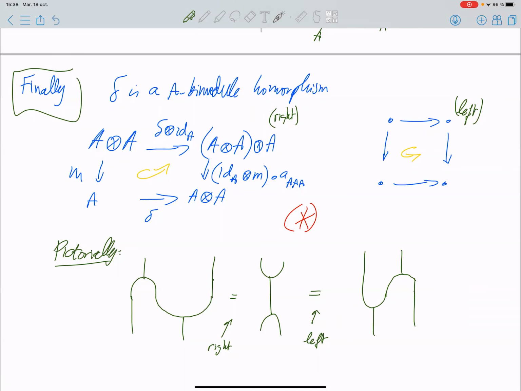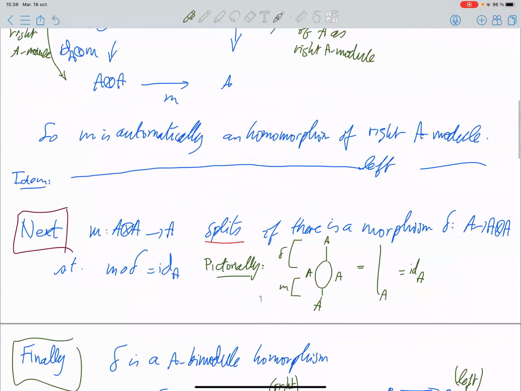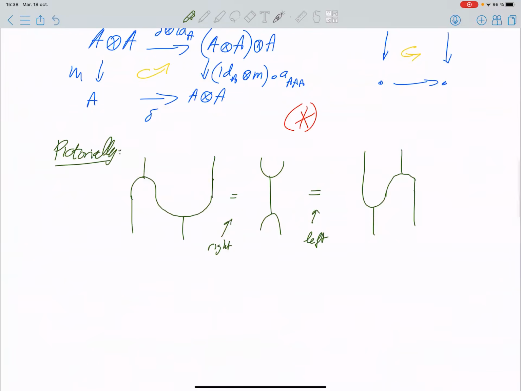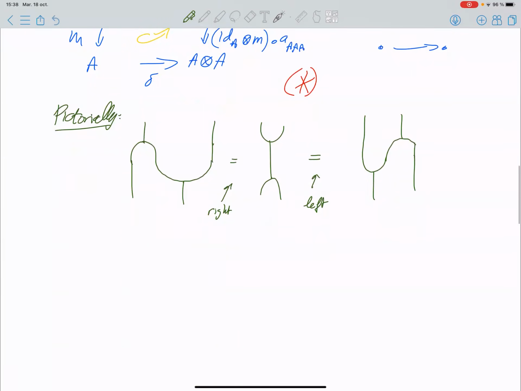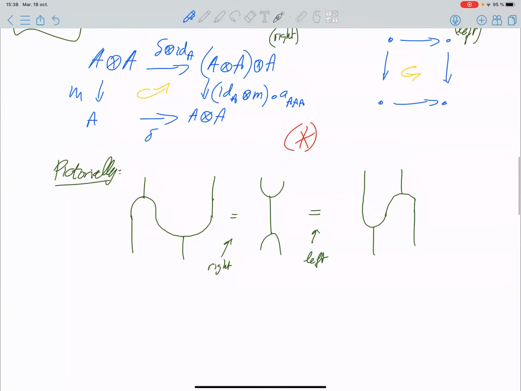So this separable definition can be really understood pictorially. What I want to note here is this property star.